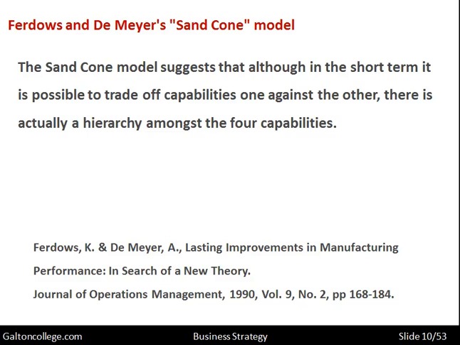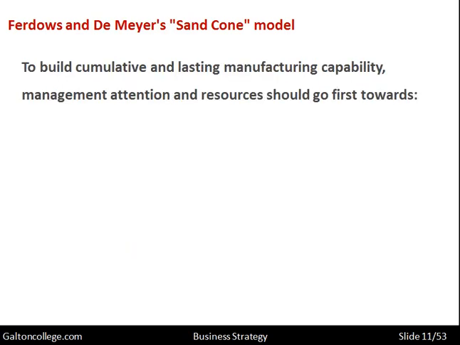So the capabilities, speed, quality, dependability, it's not just a trade-off between them, but there's actually a pecking order, an importance to them that ranks them off, that makes them different.